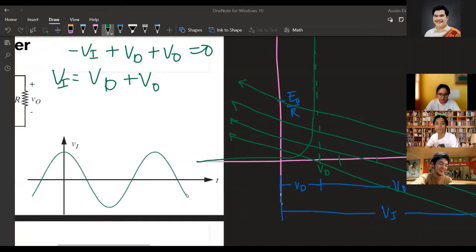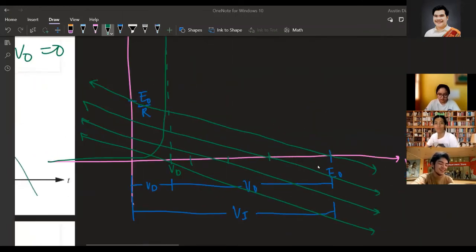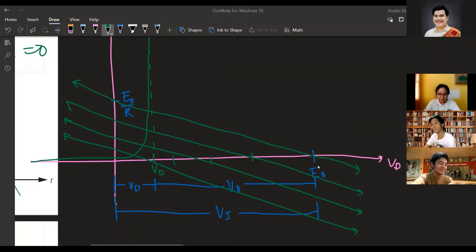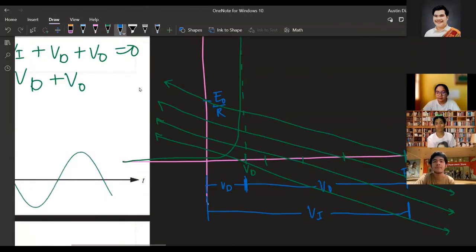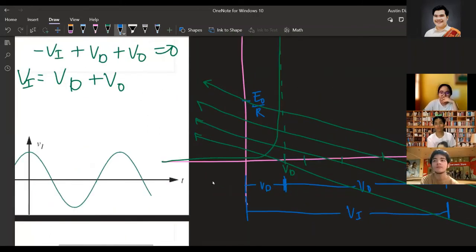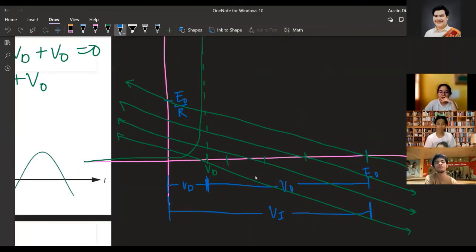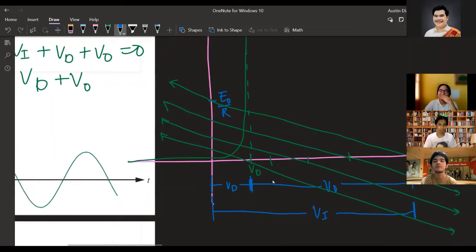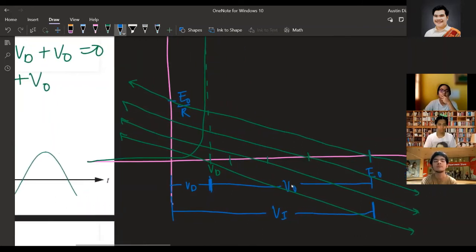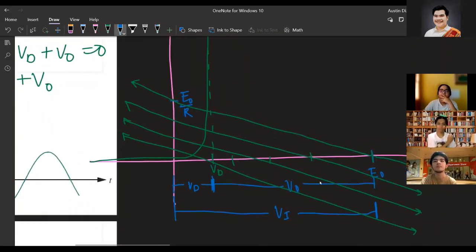Kung nandito yung maximum voltage ko for VI, then this is the maximum voltage for the VD. Then by KVL, alam ko na yung extra part is for V0. Okay, so ayan yung itsura niya.